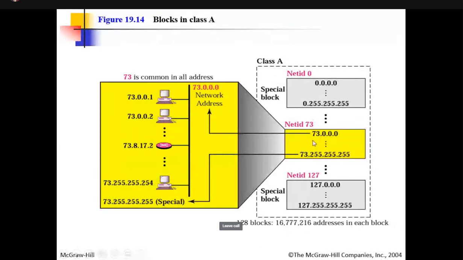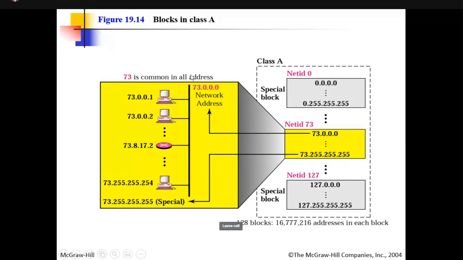Here the net ID is 73, so the host address will start from 73.0.0.0 and go on like that. We are emphasizing the net ID 73. The hosts will start from 73.0.0.1, and ultimately go to 73.255.255.254, while 73.255.255.255 is a special address.